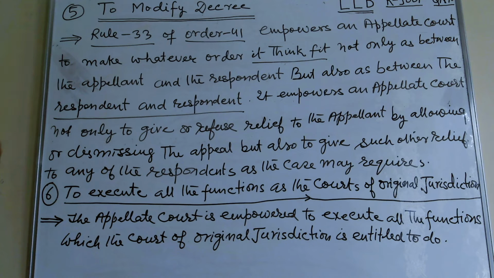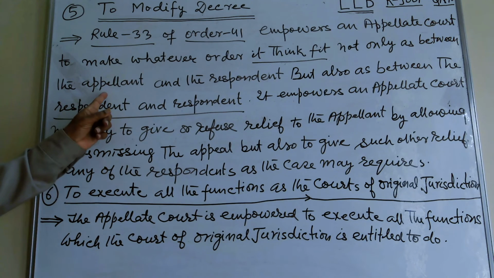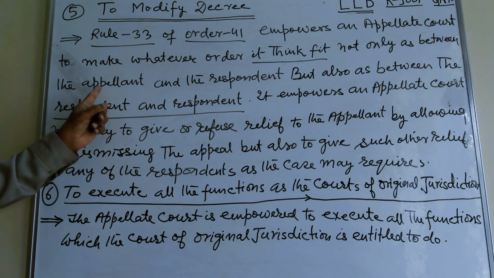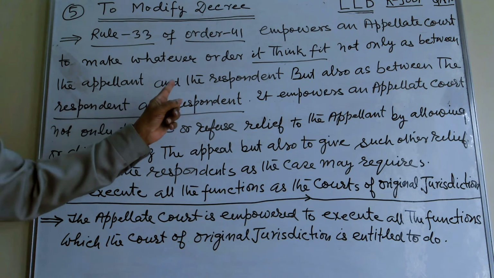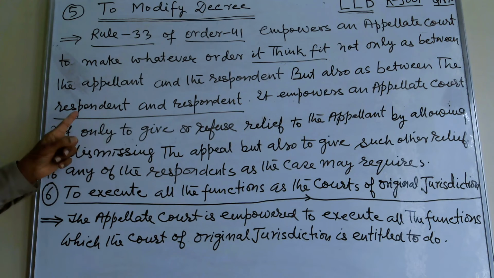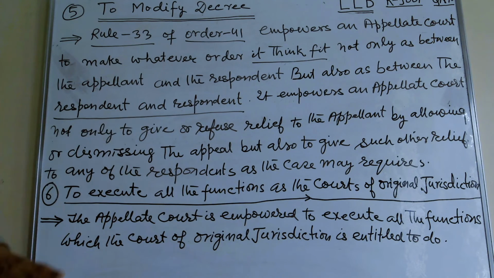Rule 33 of Order 41 empowers an appellate court to make whatever order it thinks fit, not only as between the appellant and the respondent, but also as between the respondent and respondent.